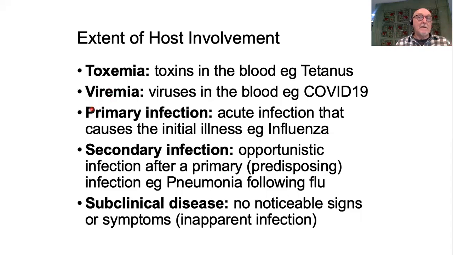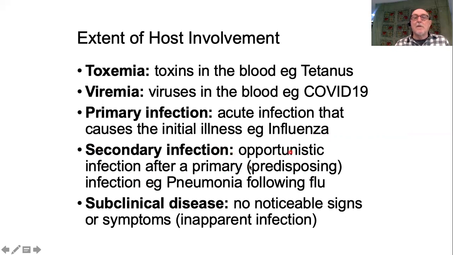So many infections begin as a primary infection. For example, influenza would be a good example of a primary infection. But as you know, it is quite common after influenza, even after a severe cold or whatever, that tissues damaged by the disease, like the throat, for example, or parts of the respiratory tract, become vulnerable to other infections, especially bacterial infections, and those we would refer to as secondary infections.